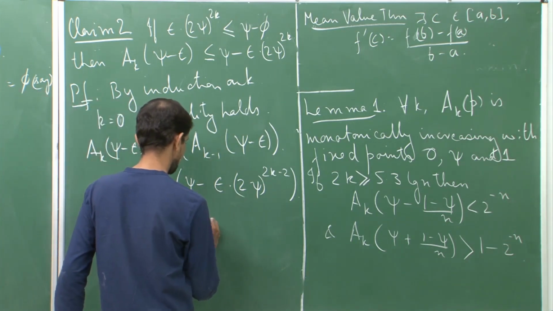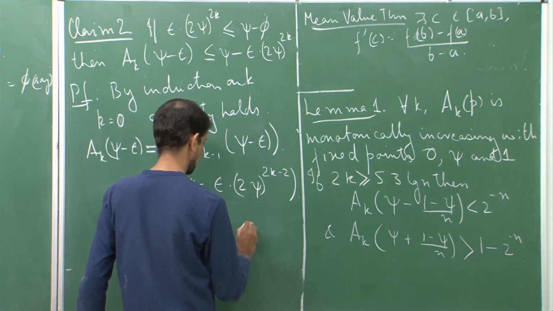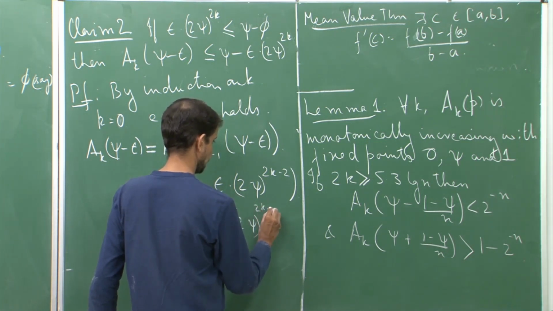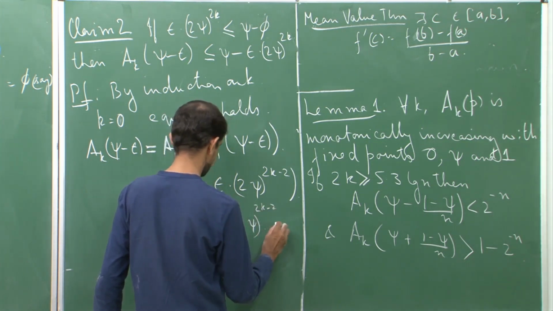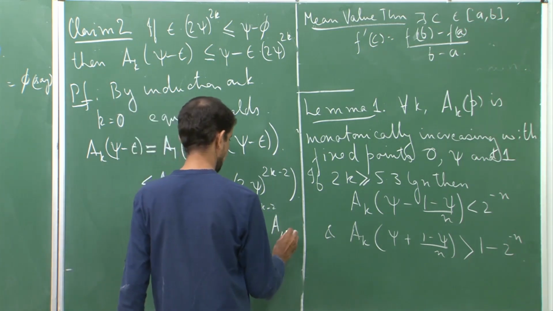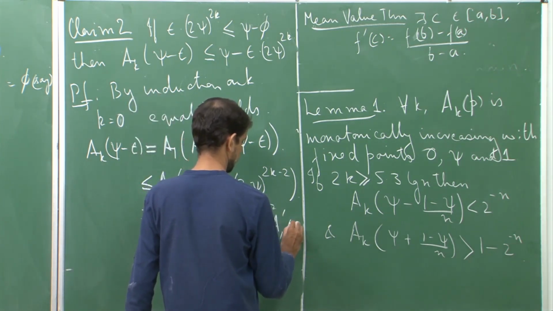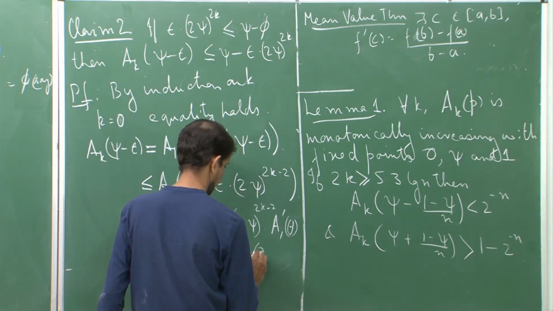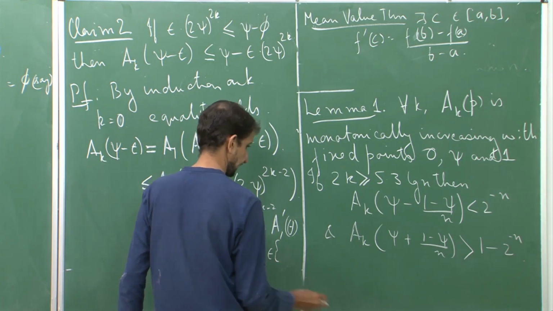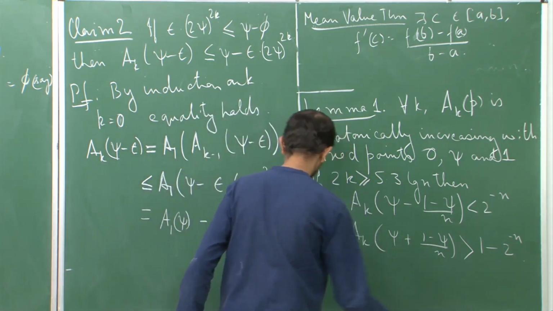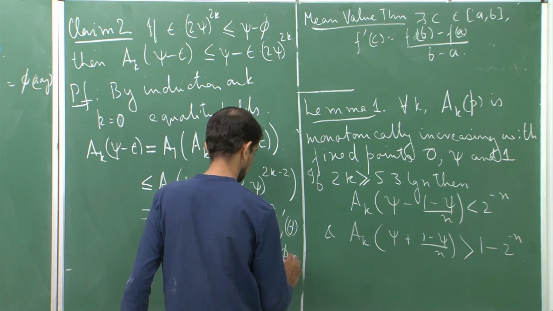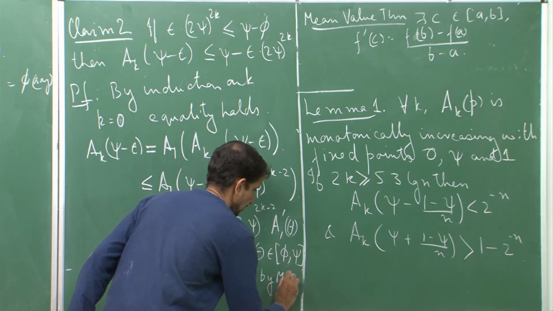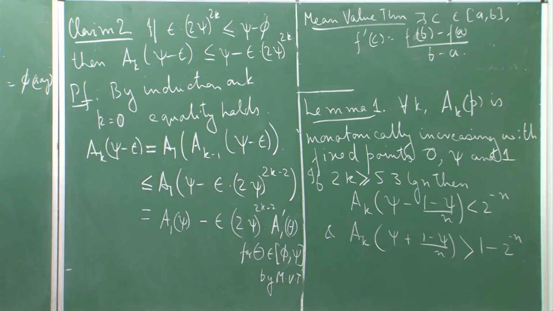We will get epsilon times 2 psi to the power 2k minus 2 times some a_1 prime of some theta, for theta in this interval, by the mean value theorem.